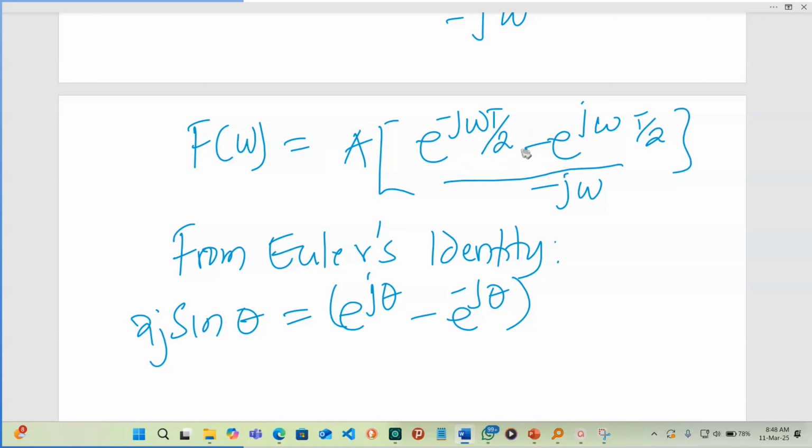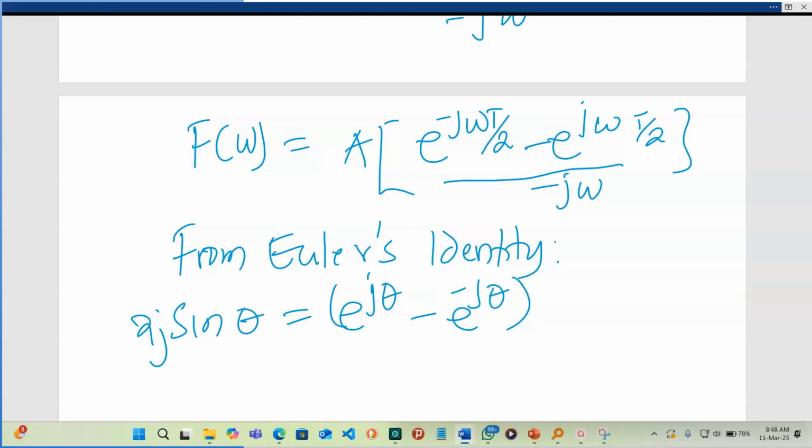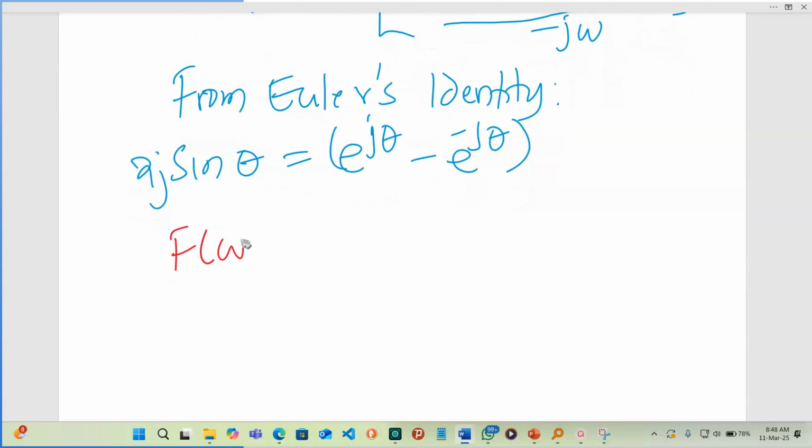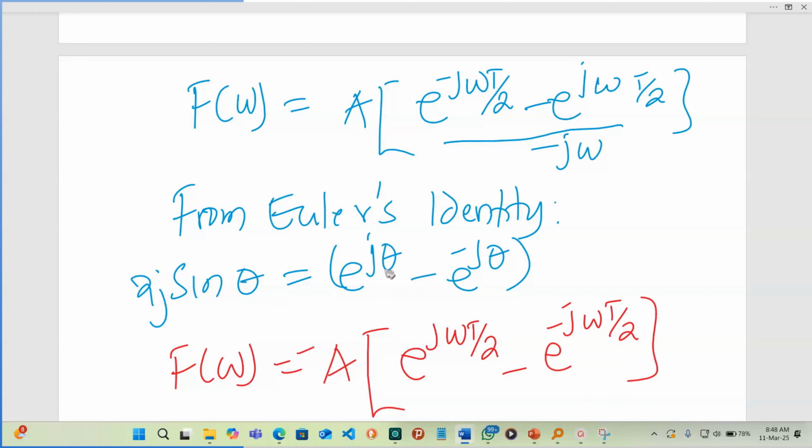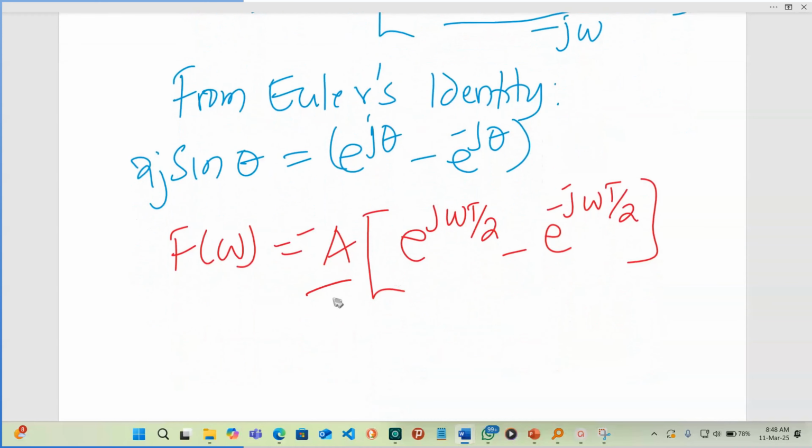We do some little manipulation here, so F omega becomes A into, let's put the negative outside, exponential j omega T over 2 minus exponential negative j omega T over 2. Then we put this over negative j omega, and then the negatives will cancel. So what does this mean? Whenever I have this, I put 2j sine something.